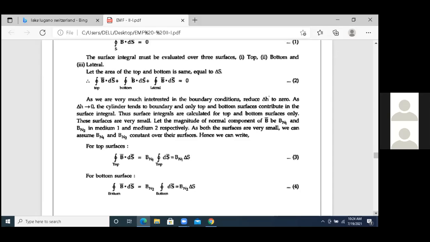The cylinder tends to the boundary, and only the top and bottom surfaces contribute to the surface integral because delta H goes to 0. The area around the side, because delta H is so small, is almost 0. So all we are left with is the top and the bottom.